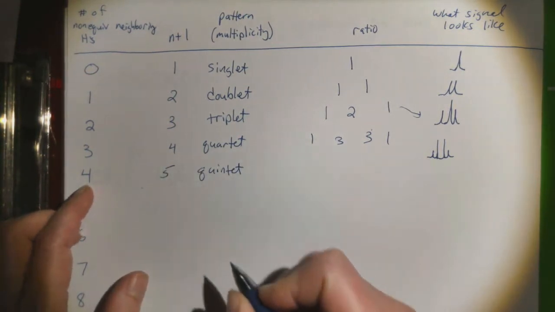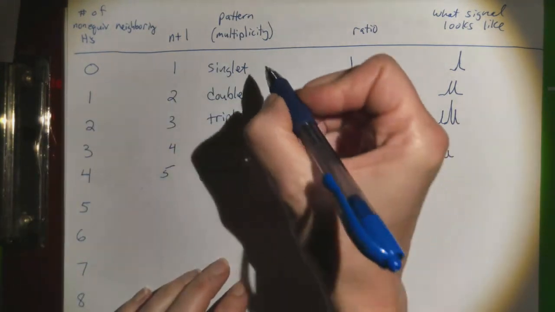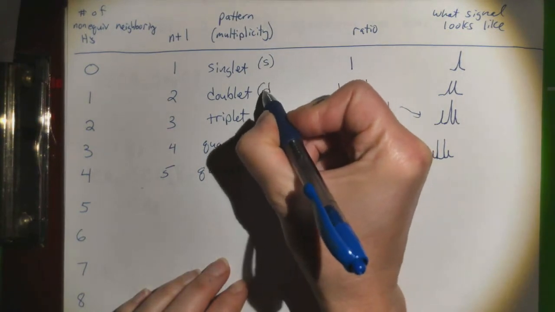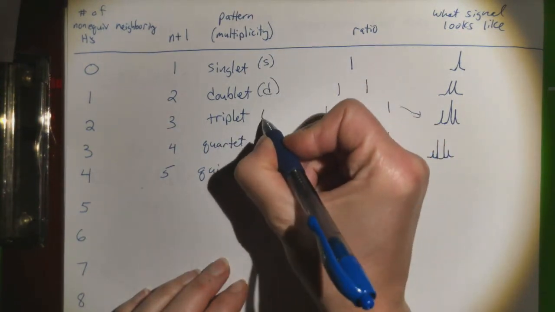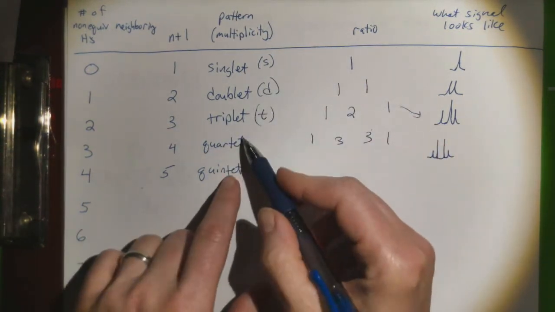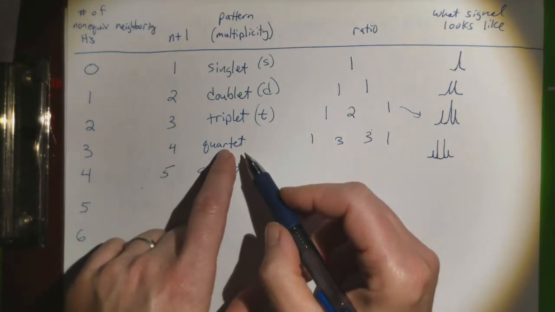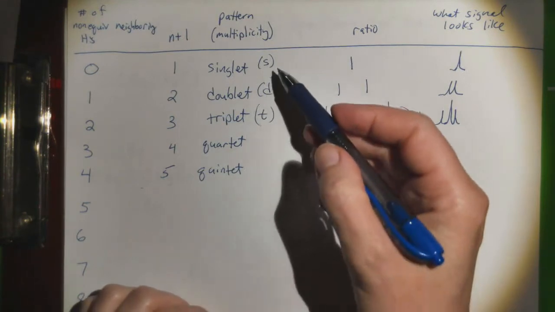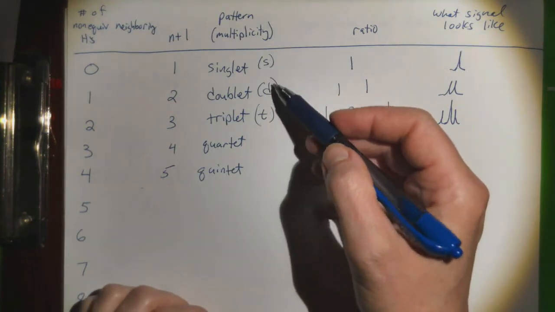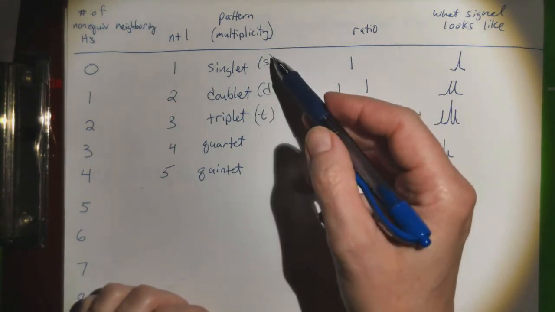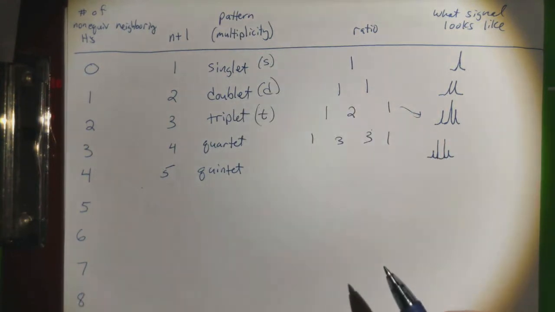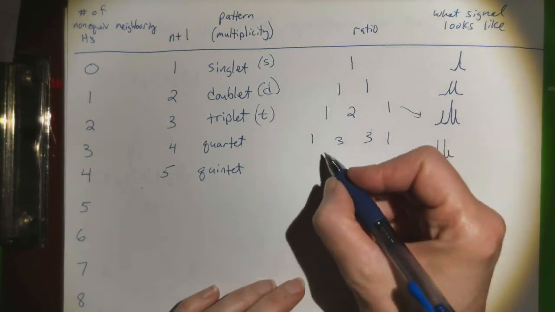By the way, if you're abbreviating these, sometimes I'll write S for singlet, D for doublet, and T for triplet, but then you can't just use Q for quartet because quintet also starts with a Q. Since these are some really common multiplicities, sometimes I abbreviate them, and S, D, and T have their corresponding meanings.